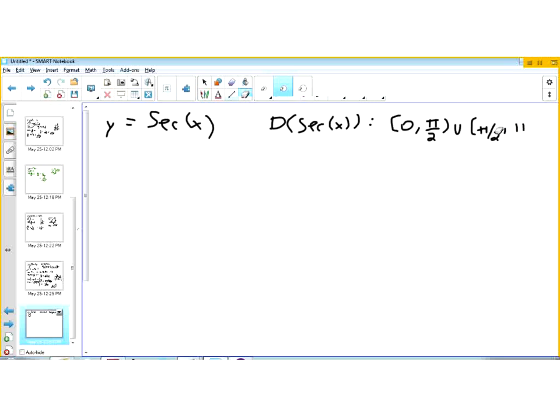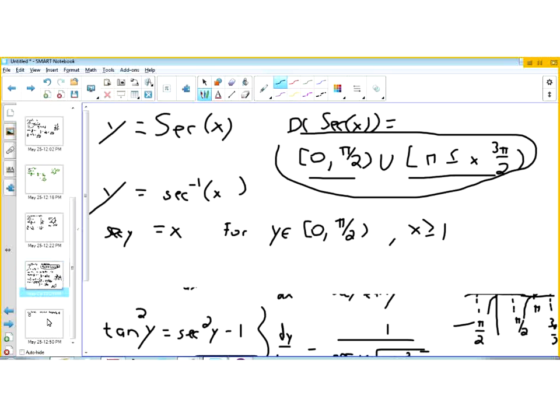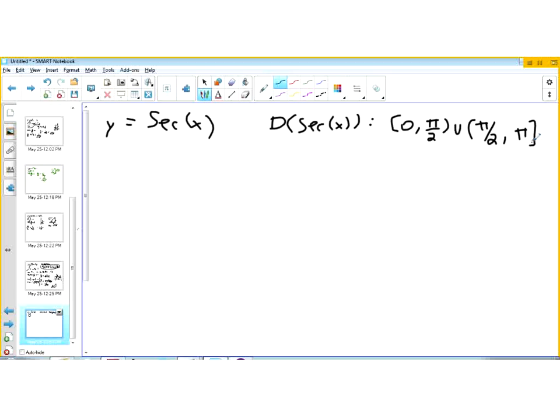Okay, we will exclude pi halves. Like this. So this will be our new domain. In the previous exercise, what did we say? This was the previous domain right here. Okay, and that's valid. But what's also valid is this different domain.